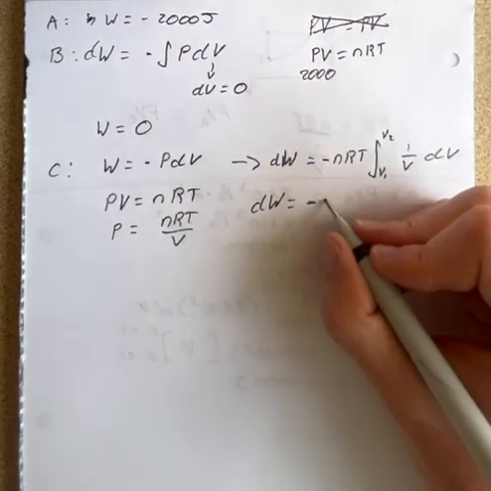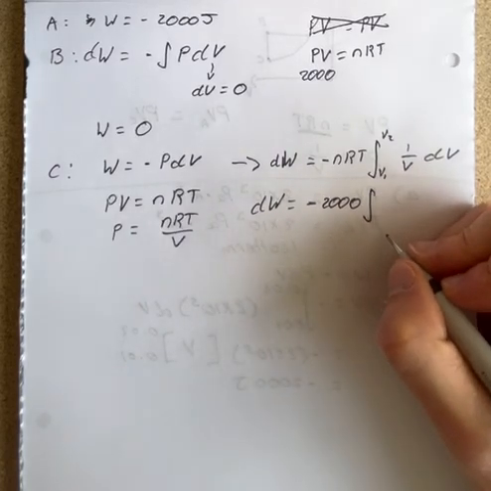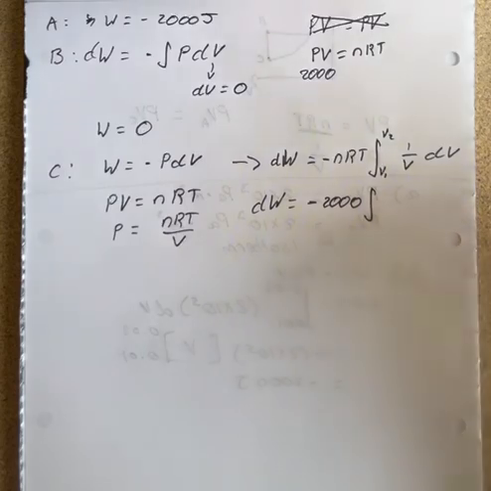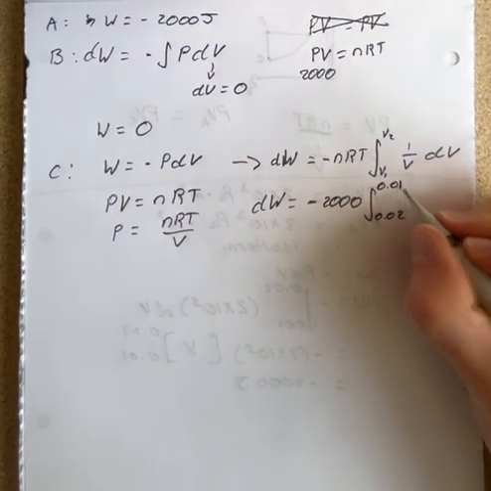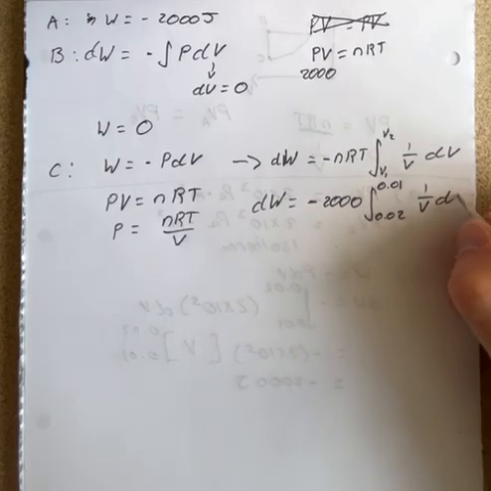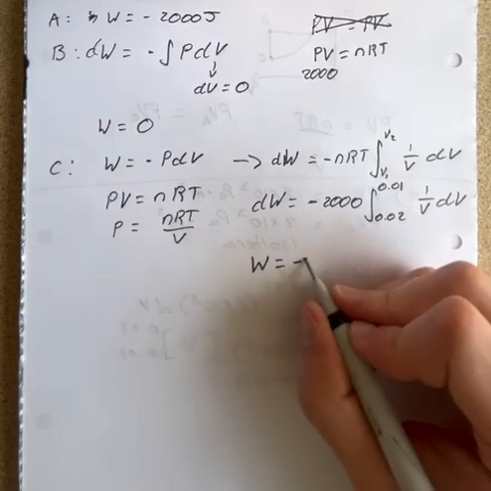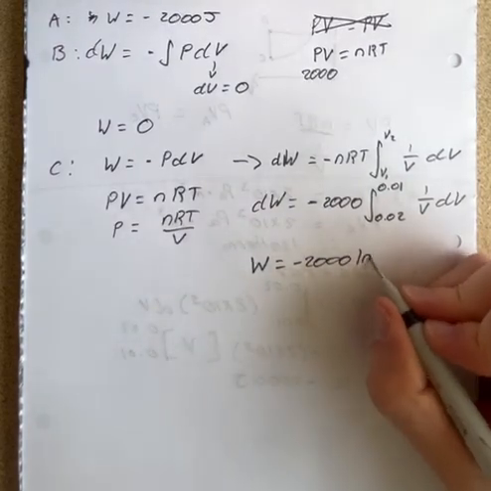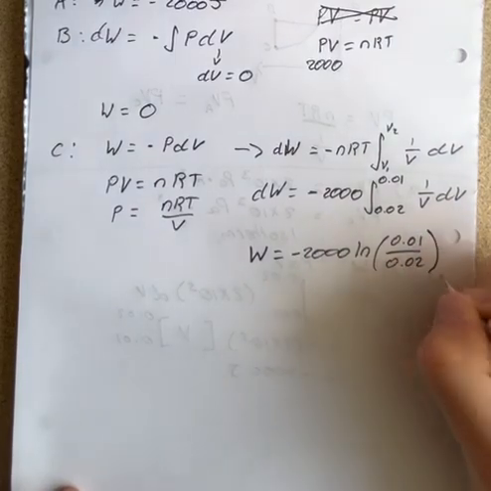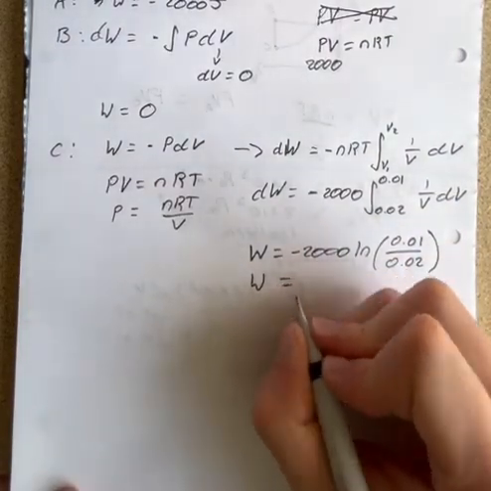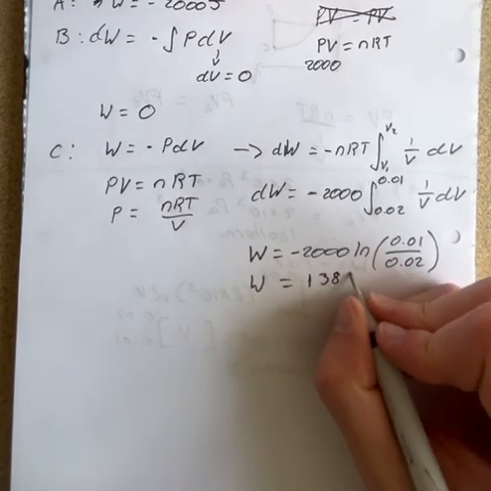So nRT here is again 2000, and in this case we're going from C to A, 0.02 to 0.01, 1 over V dV, giving us W is equal to minus 2000 ln of 0.01 over 0.02. And if we calculate this, we get 1386 joules.